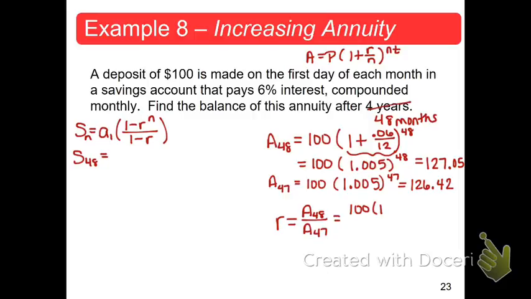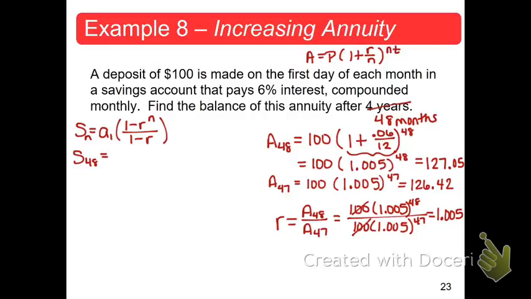We had 100 times 1.005 raised to the 48, divided by 100 times 1.005 raised to the 47. Your 100s will cancel. When you divide with like bases, what do you do with your exponents? Subtract. So you would get 1.005 to the first, which is 1.005.